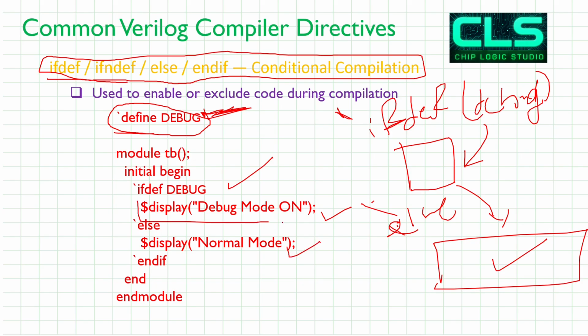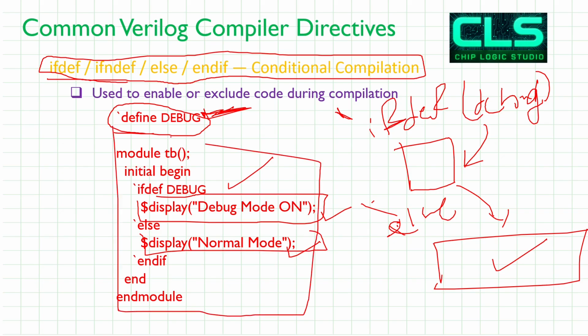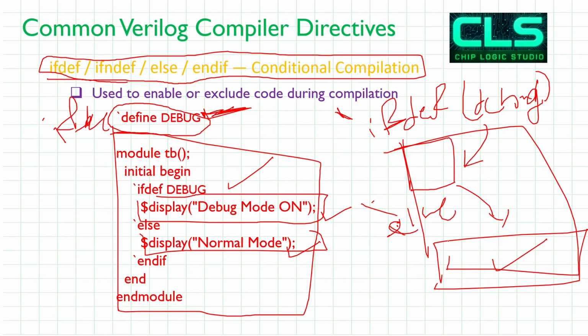This is for a statement, for example a display statement, but you can use a whole file with ifdef and use another file with else. So for two files you can also have a conditional statement, and you can run two different codes. For example, some code is for sum and some code is for difference. The sum code will run when you write sum in your command line, and the difference code will run when you write difference. So you can control your simulation with conditional compilation.